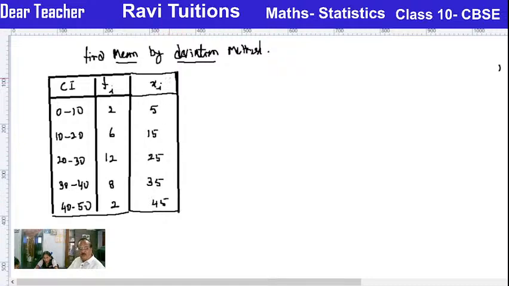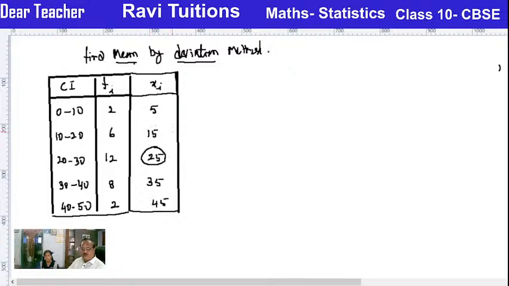Now the procedure starts: fi xi. You take one mean from these xi. The mean will definitely come between 0 to 50. You have to understand, this mean value answer will come between 0 to 50. So 5, 15, 25, 35 are the middle marks, class marks.